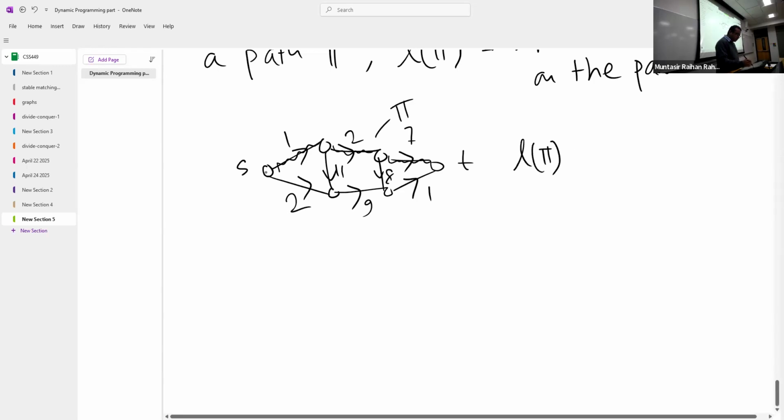L of pi, I just look at the edges on the path and add them up. Plus 1 equals 10.